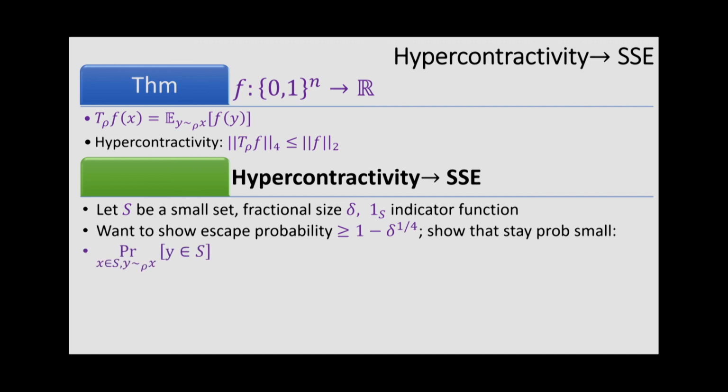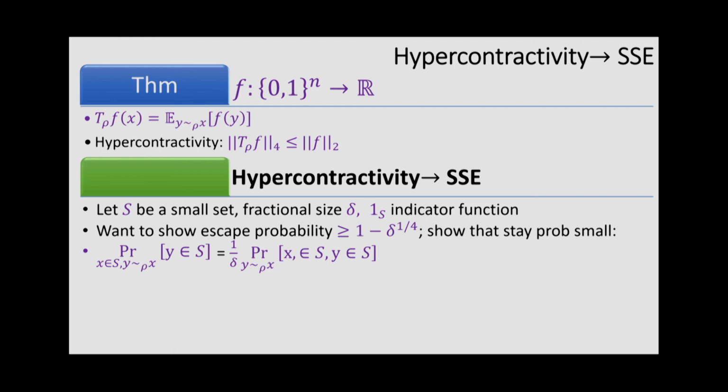So what is the probability to stay in it? Well, it's the probability to pick x in the set, pick a rho-correlated input, and stay inside the set. And now we want to massage this into some linear algebra expression because you want to use norms and things like that.